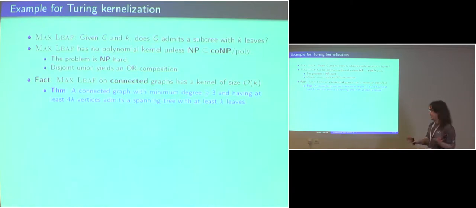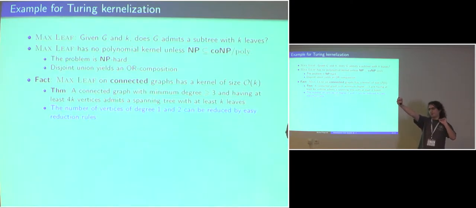And now, if you have a graph where you can have vertices of degree 1 and 2, they can be reduced. The idea is that if you have a graph that has less than 4k vertices of degree 3, then these are those less than 4k vertices of degree 3 joined by long paths of vertices of degree 2, maybe with some out-hanging trees of vertices with degree 1 at the end.